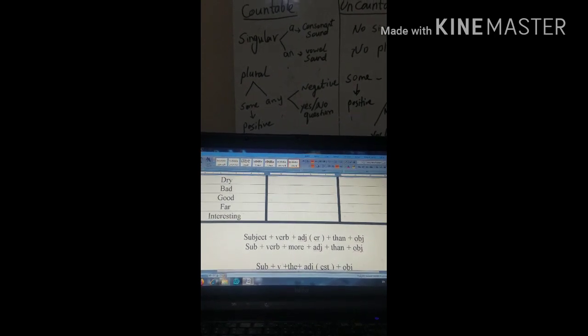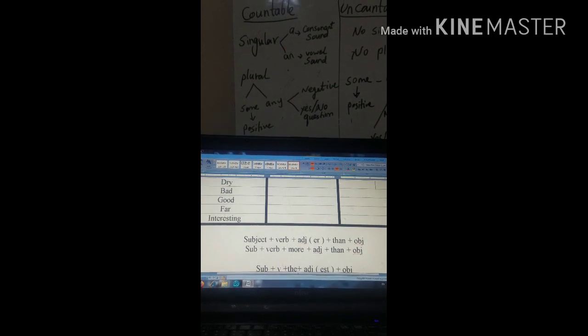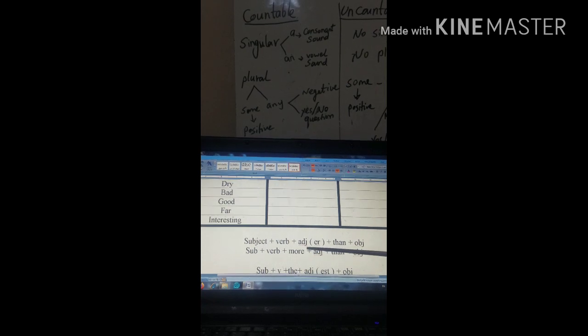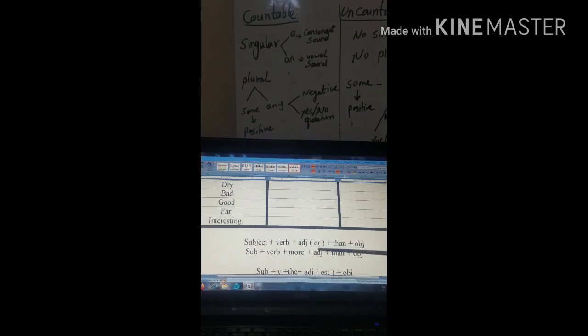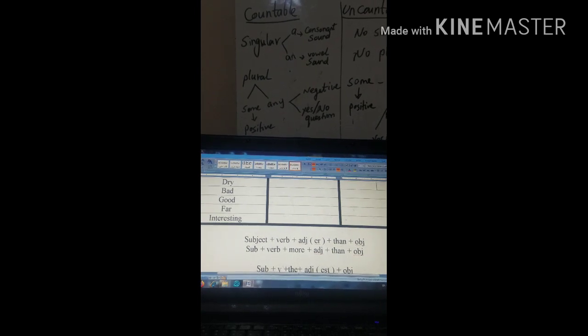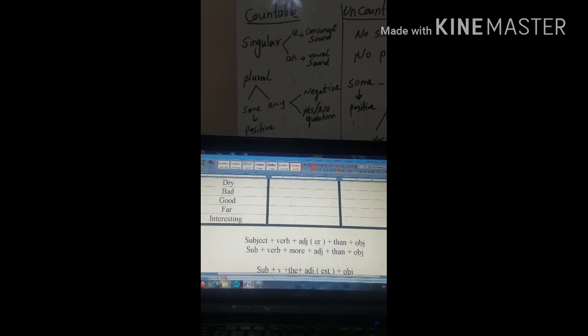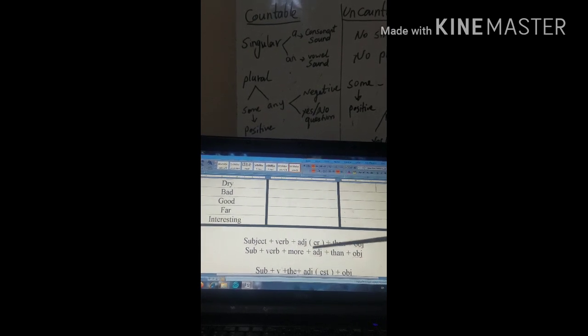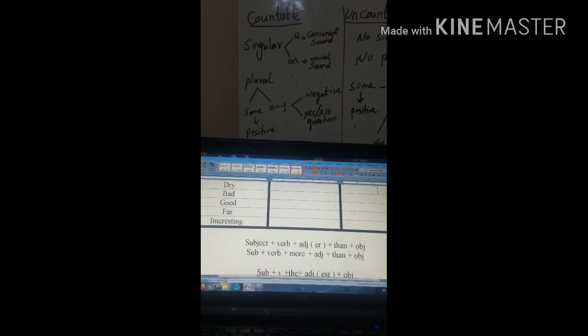Example: Ali is fatter than Muhannad. Or here, look, I will use more. Why? Because the adjective here is long, more than two syllables. Example: Sana'a is more beautiful than Aden. I can't add er to beautiful because it's long.